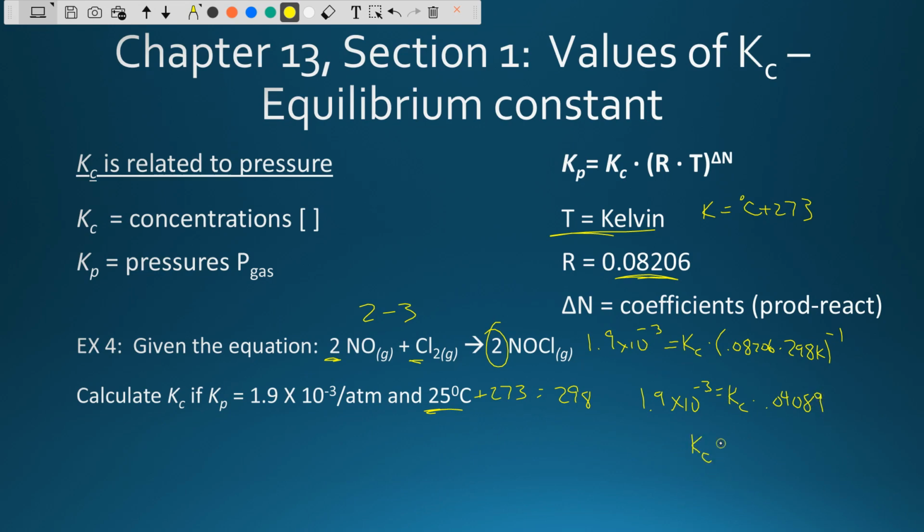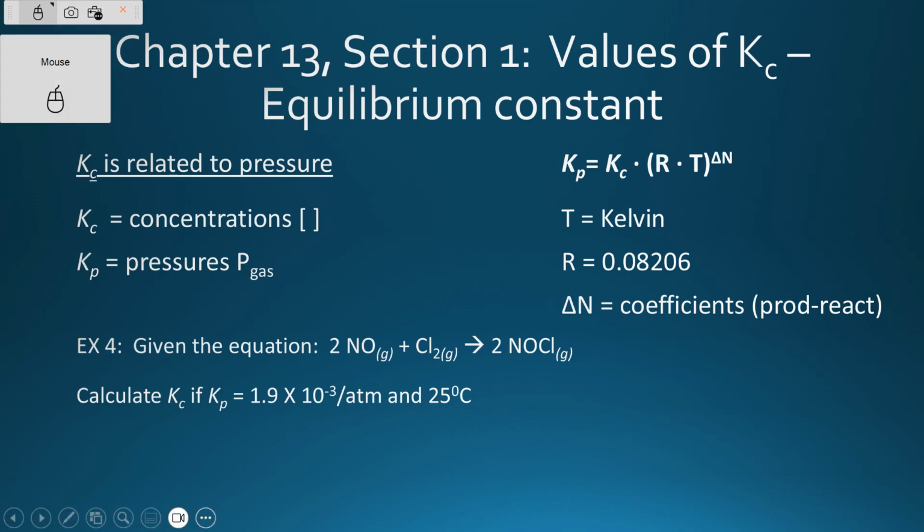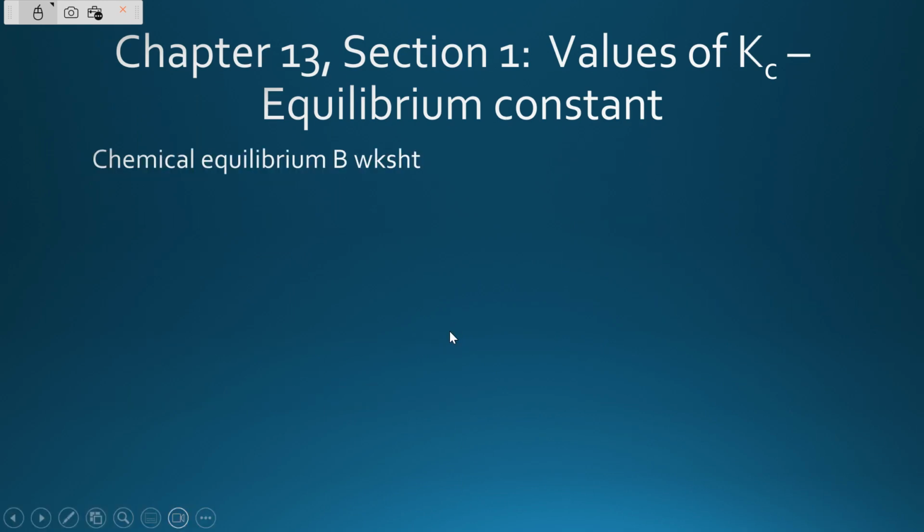And so my Kc value is 4.6 times 10 to the negative 4. Pretty straightforward, and notice it's a pretty small value of K. All right, that is the sum of the different parts that we might find within this particular chapter. I'm going to turn you loose to take a look at some other problems within the chemical worksheet.